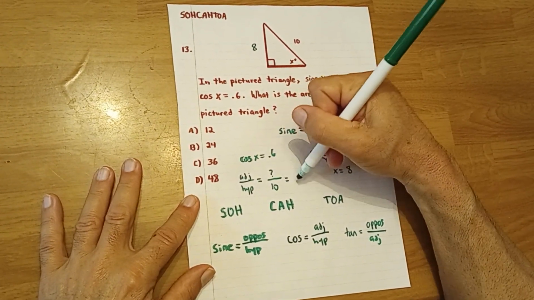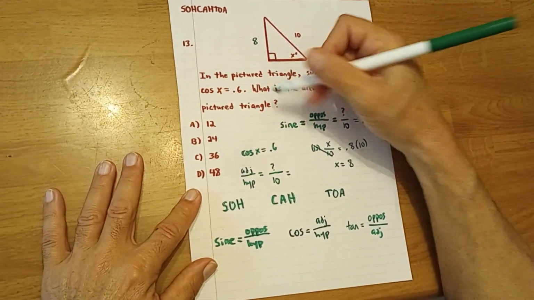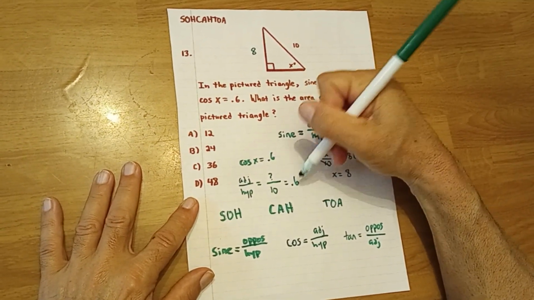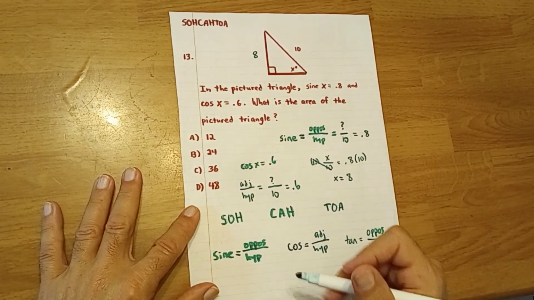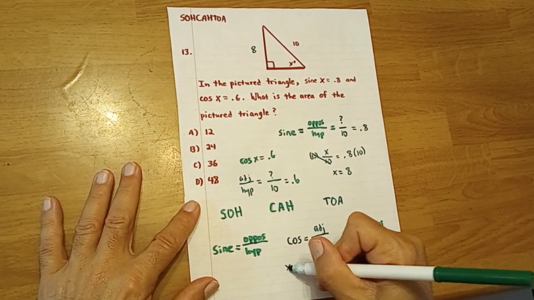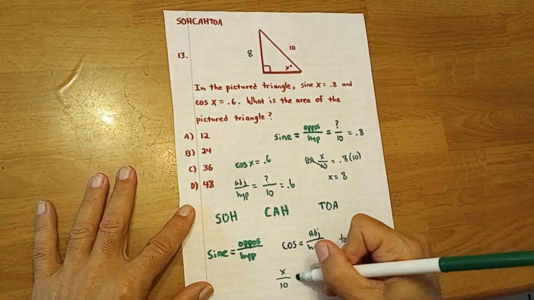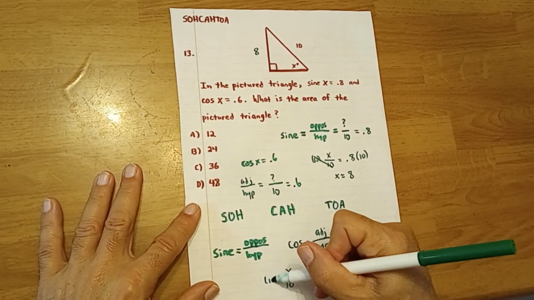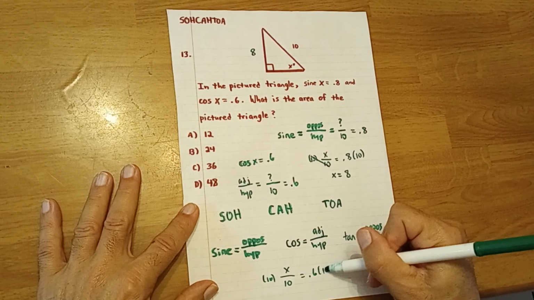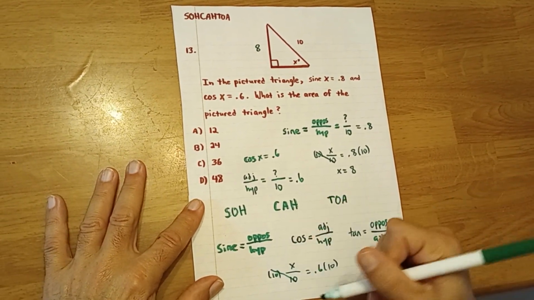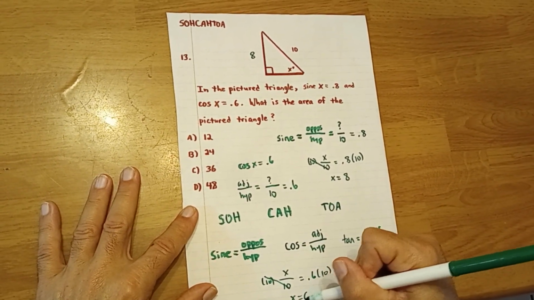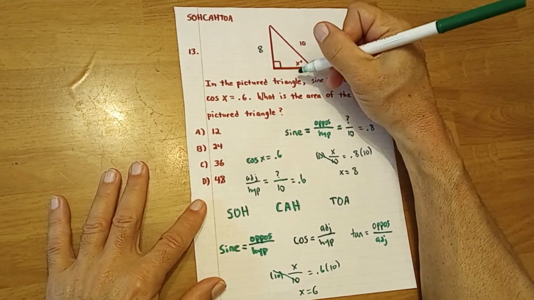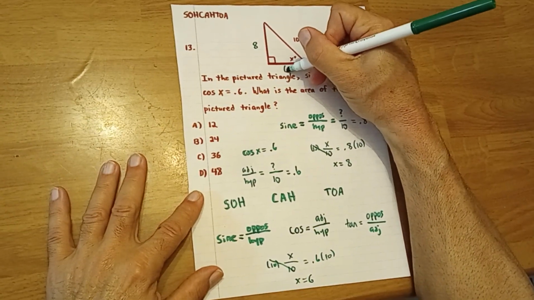And here that's going to equal 0.6. So I think we could see here that, let's call it again, x over 10 equals 0.6. Well, then we would multiply both sides by 10. That cancels, and we get x equals 6. So here the adjacent side is 6.